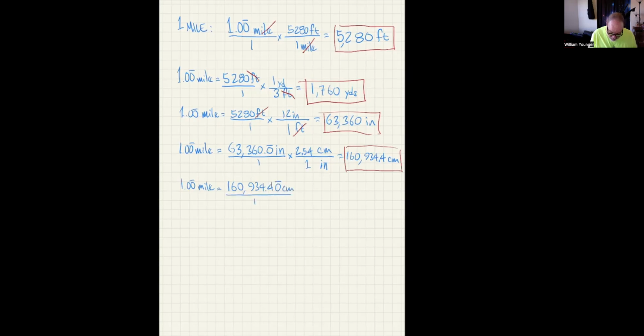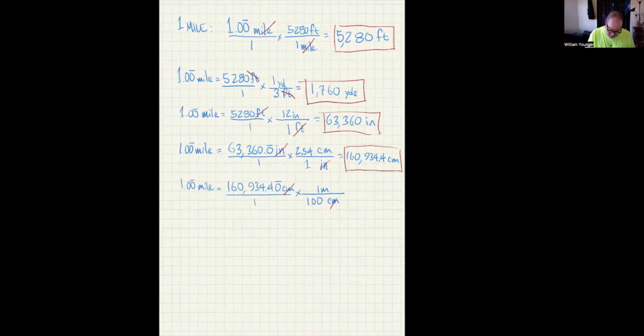And we'll put that over 1 just to keep from making any careless algebra/arithmetic mistakes with our fraction. And now I'm going to convert from centimeters to meters. Obviously, I want to get rid of the centimeters, so I'm going to put that in the bottom. I happen to know there's 100 centimeters in 1 meter, so I'll put the meter on the top. And though I forgot to write it before, we definitely had a cancellation of inches here. Well, now we're going to have a cancellation of centimeters here.